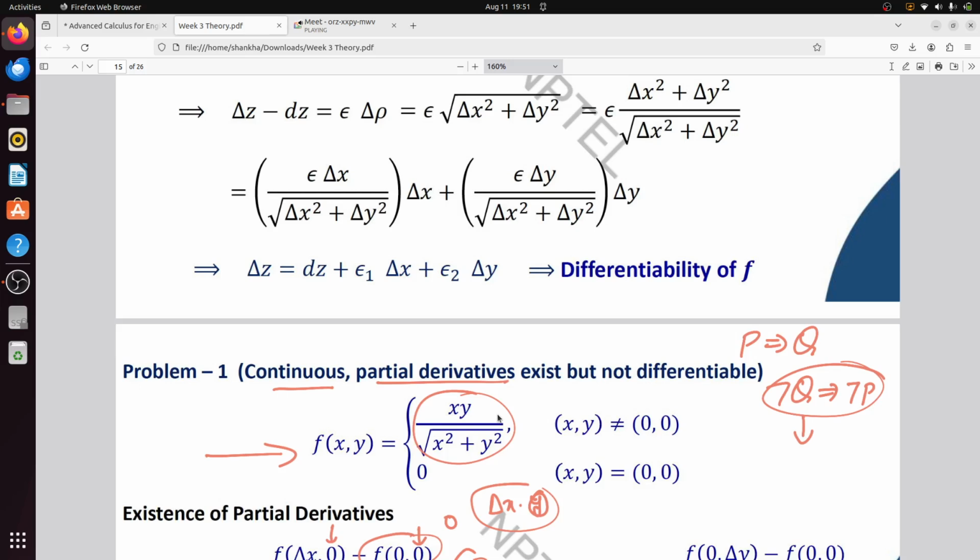Now the differentiability part. How to prove that this function is not differentiable? See, write f(h, k) minus f(0, 0) divided by square root of h square plus k square. So what is f(h, k)? It is hk divided by square root of h square plus k square.